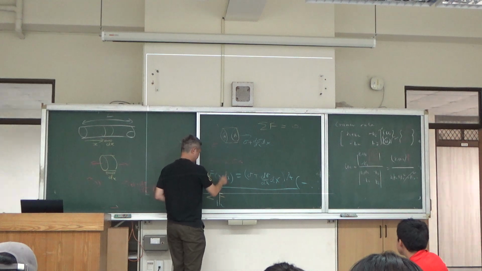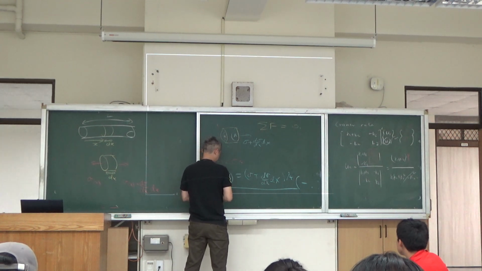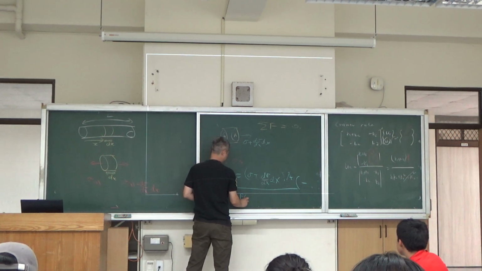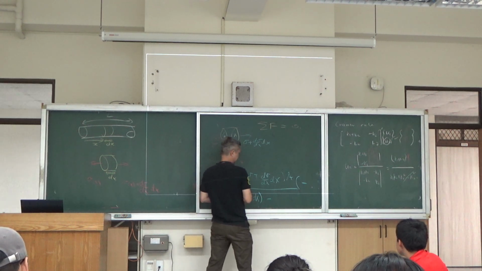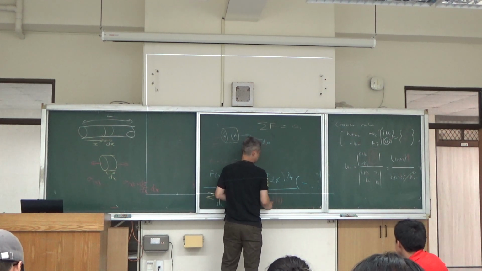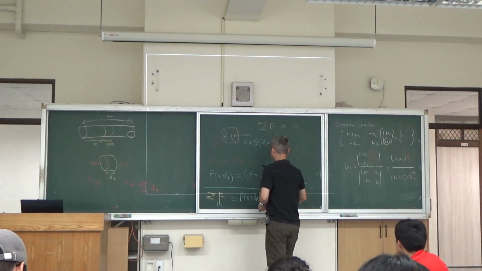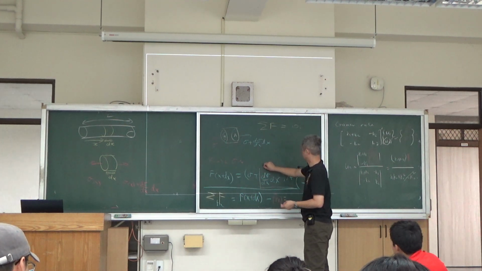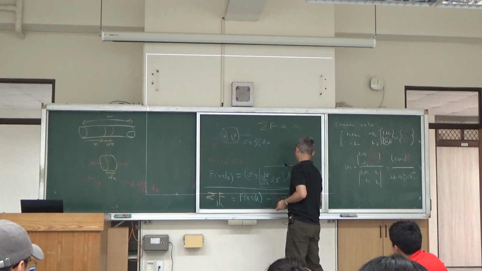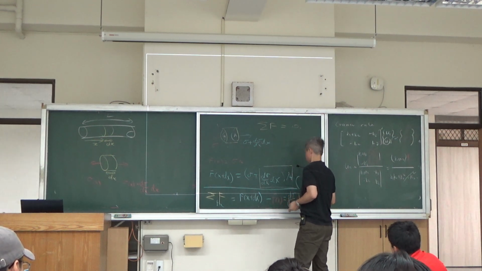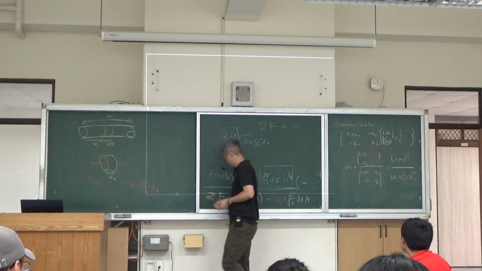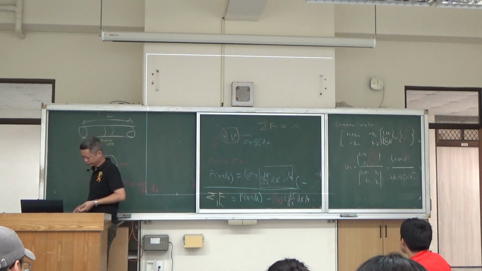If you do the subtraction, this is equal to f(x plus dx) minus f(x). So in the end, what do you have? You only have the second term, d sigma x times dx times A. So that's the force length.